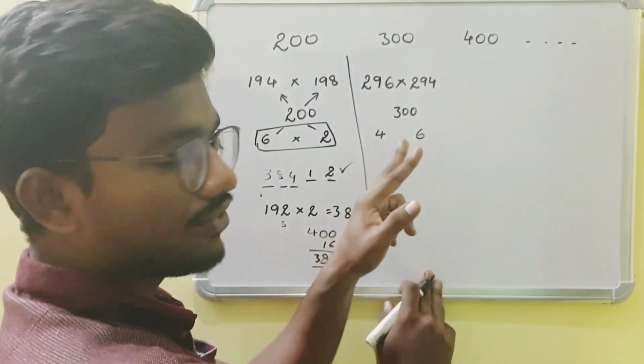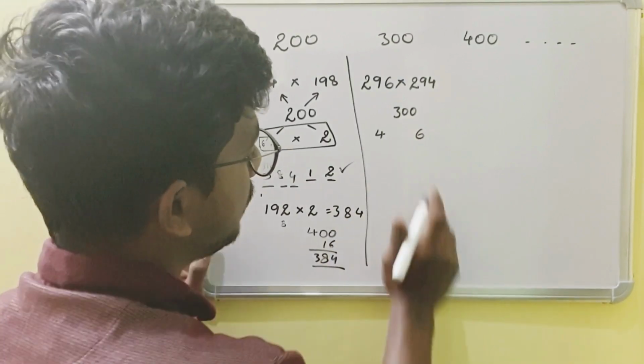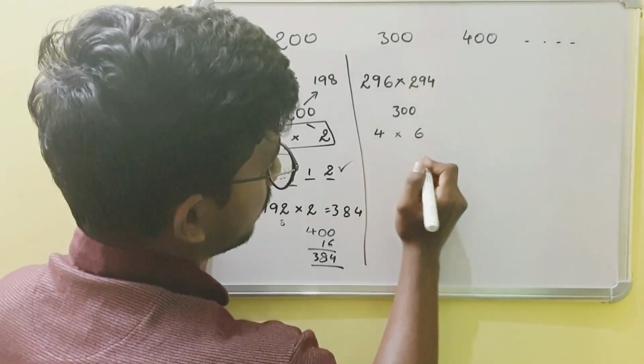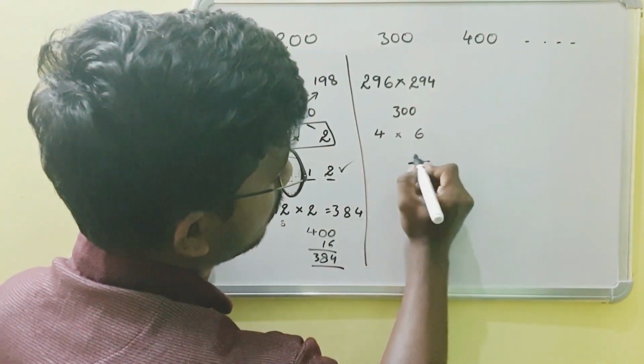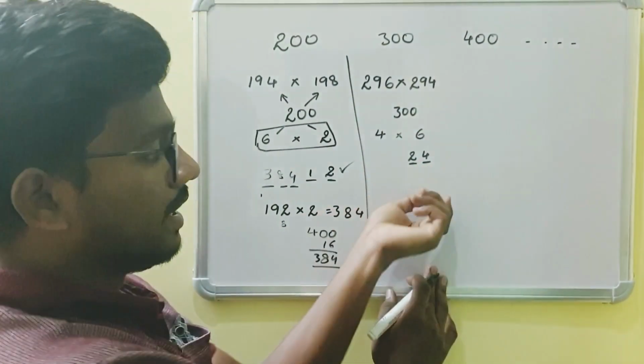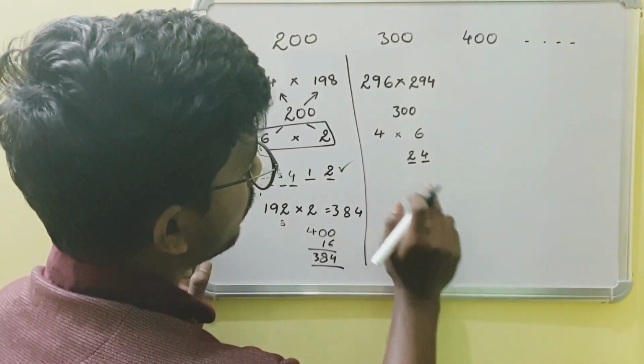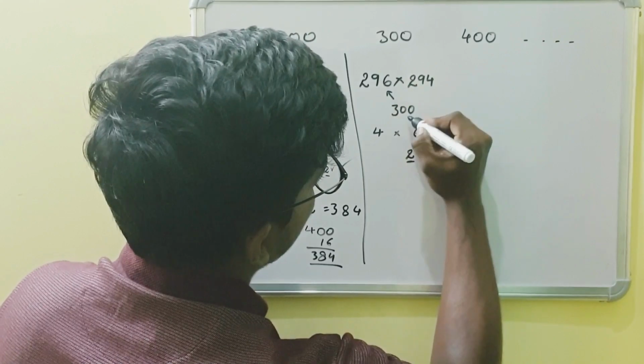After obtaining the differences, we have to multiply those two values to obtain the last two digits of the number. So here what I get is 24. So I obtained the last two digits, but to obtain the remaining numbers we have to take the cross difference.